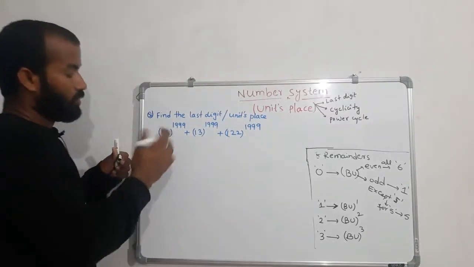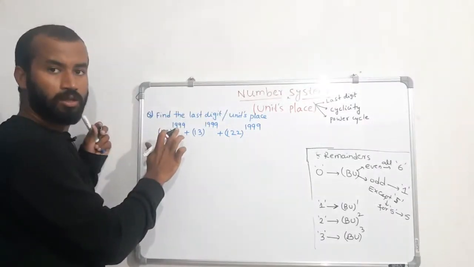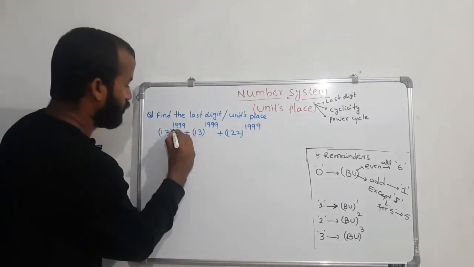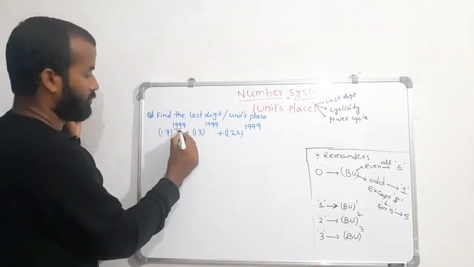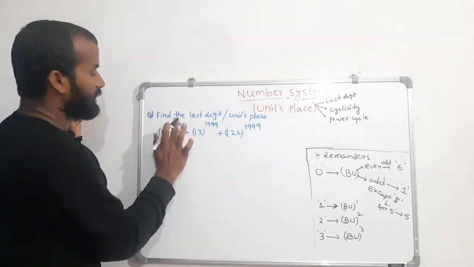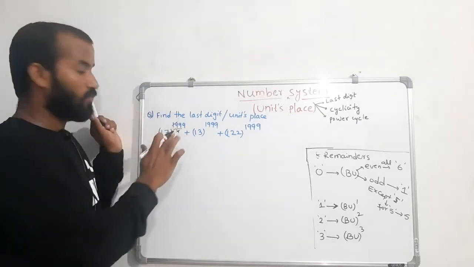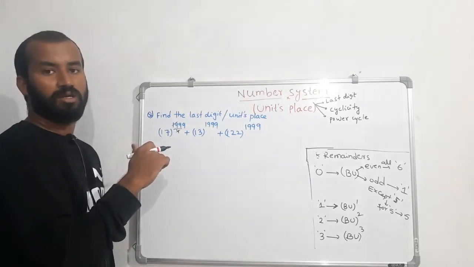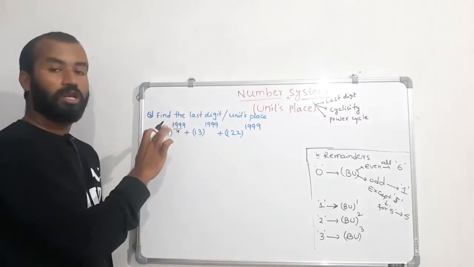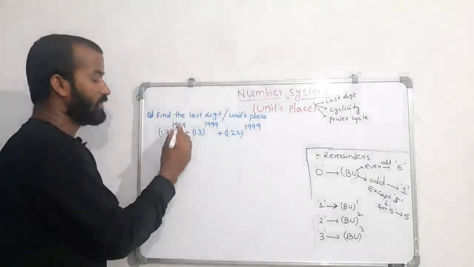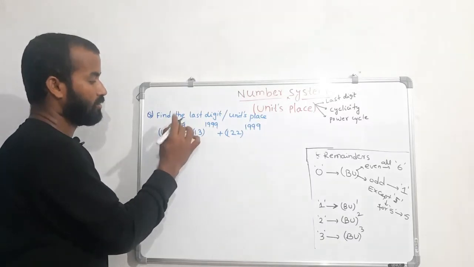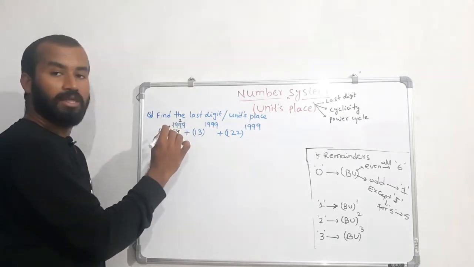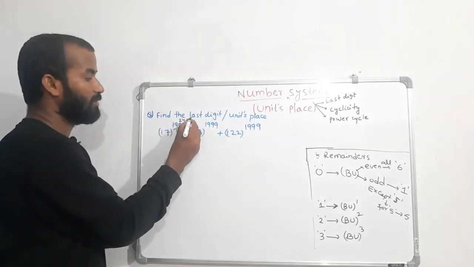Okay, now what I told, first we have to divide power with 4. If I divide power with 4, what I am going to get? See here no need of going for all. Why? Because what is the divisibility rule? If last two digits are divisible by 4, then this total number is divisible by 4. So I will go for last two digits. 99. 4 2s are 8, 19 will be there, 4 4s are 16, 3 will be there, 3 will be the remainder.